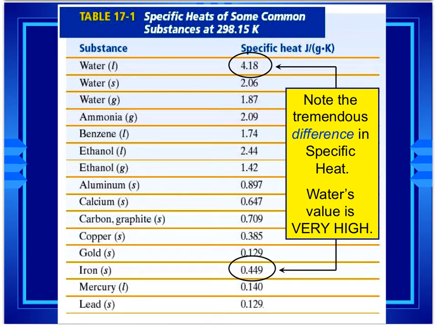If you remember back to our heat curve on the phase diagram, the line for going from the liquid to the gas was really long, and that's because you had to add lots of energy before it changed to the gas phase. So remember, we've got all of these hydrogen bonds working here. Speaking of hydrogen bonds, look at ammonia here, NH3. It also has a pretty high specific heat because of those hydrogen bonds.